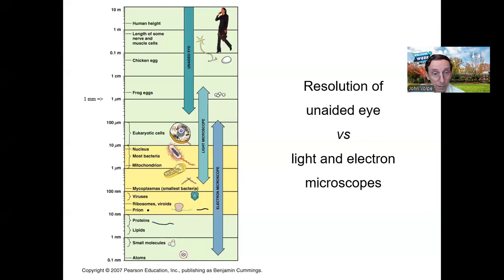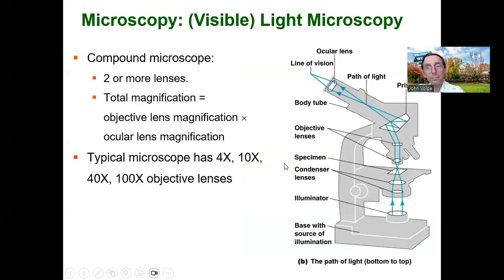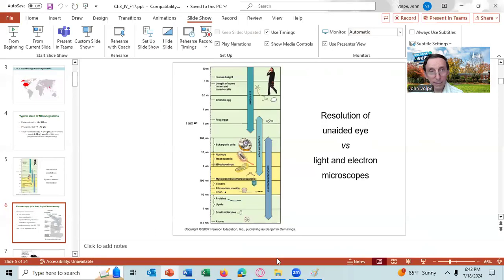Smaller than a large molecule like a protein is a small molecule like water. Smaller than a small molecule is the atom. Any question about that? And then note, if this chart has a mistake in it, that's one micrometer there. It's actually 1 millimeter because 1 micrometer is here. All right. Any questions on any of that?